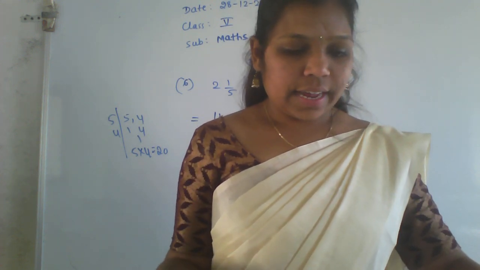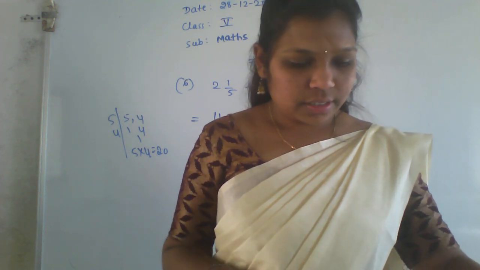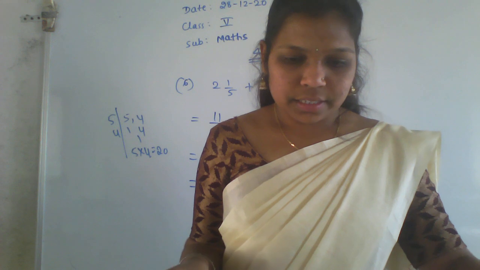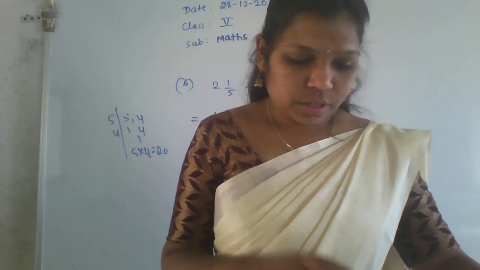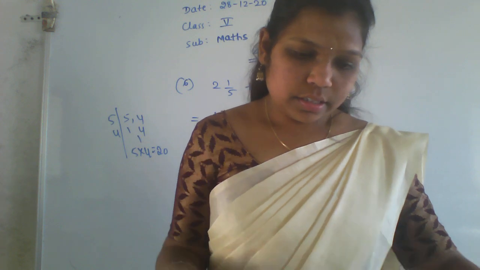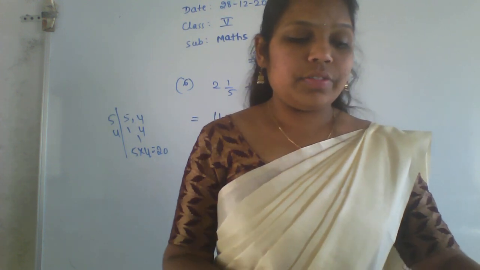And after that we are having the division of a fraction. Once division of a fraction is completed, then this chapter is over, I think. Yes. Okay. So after 2 more classes, we'll start the 5th chapter.